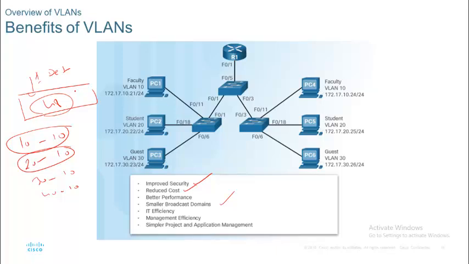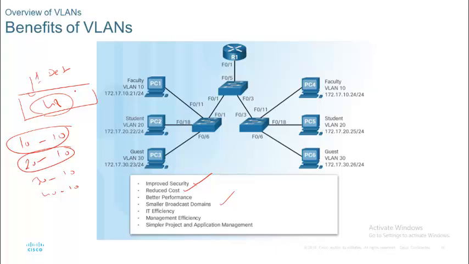Because they are all separated, it is easy to manage. You can put all the applications which are similar in one VLAN, and the other kinds of applications in another VLAN. These are the benefits of VLAN. Don't forget, they may ask you in the interview.